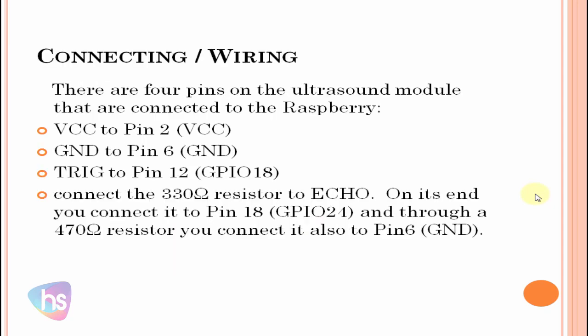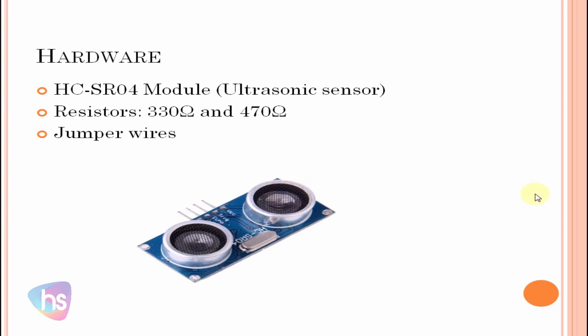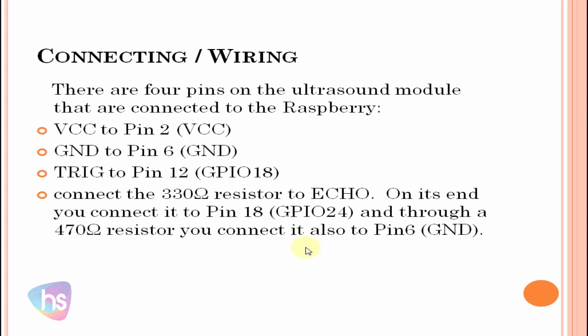Now the connecting and wiring, assembling the modules to make the functionality. There are 4 pins on the ultrasound module: VCC, TRIG, ECHO and GND.